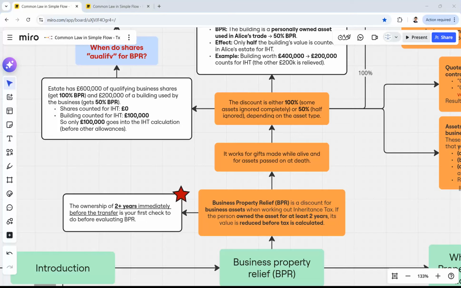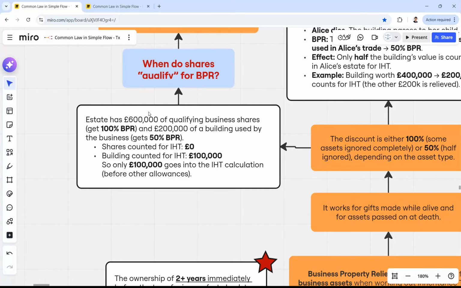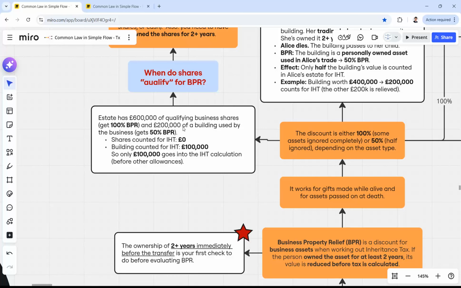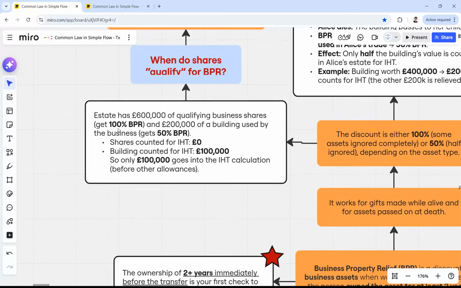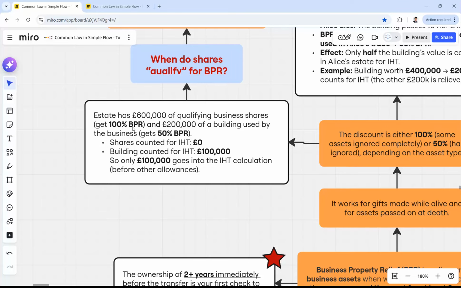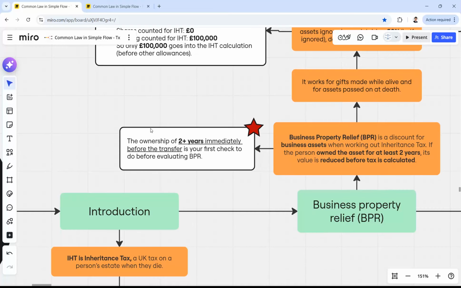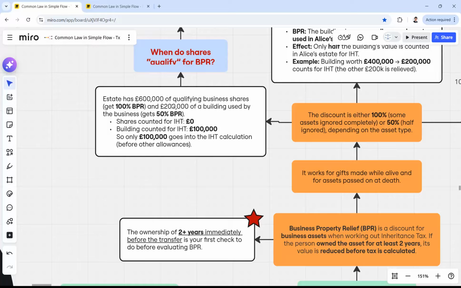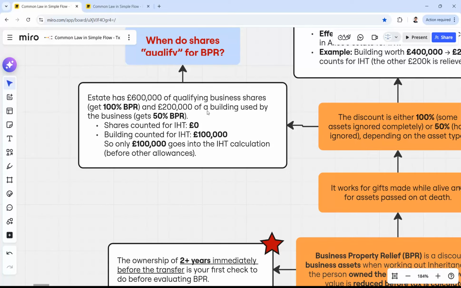The discount is either 100%, some assets are ignored completely, or 50%, half is ignored, depending on the asset type. Estate has 600,000 of qualifying business shares. This will get 100% BPR, business property relief, and £200,000 of a building used by the business, which will get 50% business property relief.